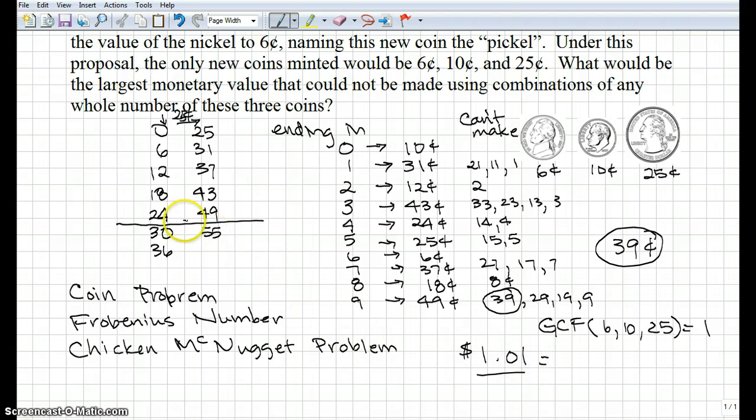It's got to end in a 1, so we need a 6 cents and we need a 25 cent to get it to end in a 1, which gives us 31 cents. So we need 70 more cents. We could either have 7 dimes, or we could have 2 quarters and 2 dimes. And then we can get $1, right?